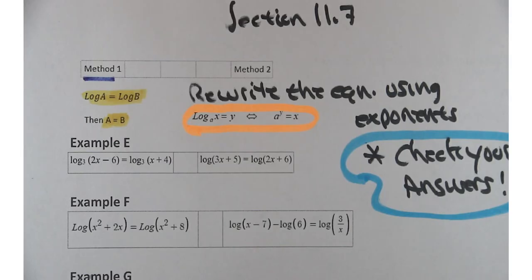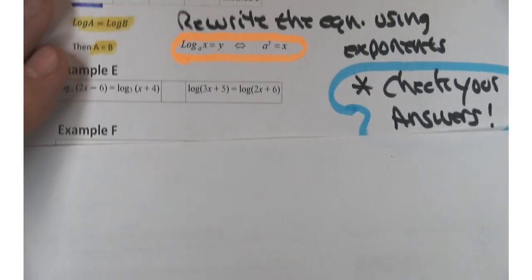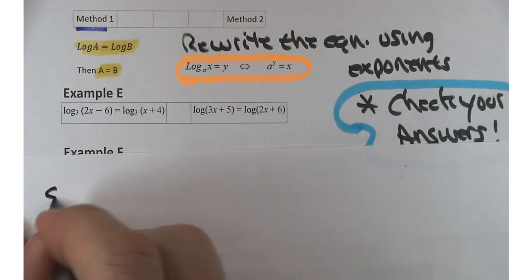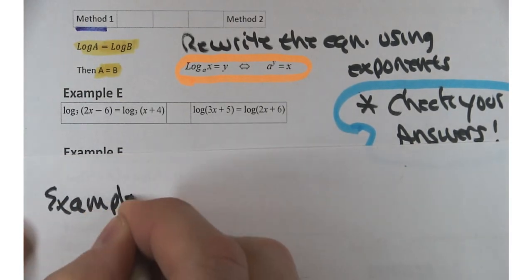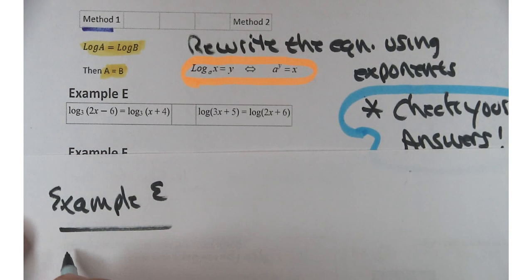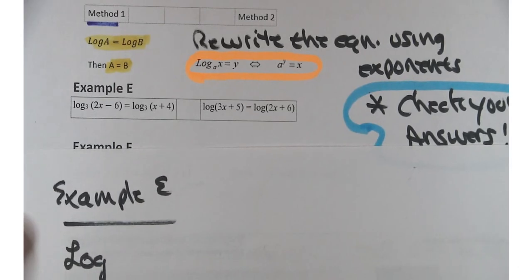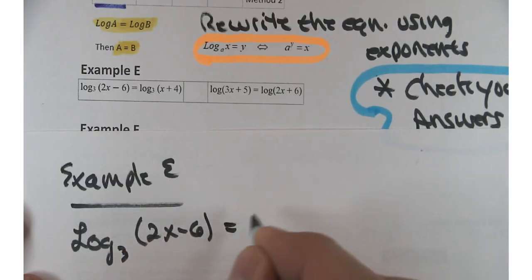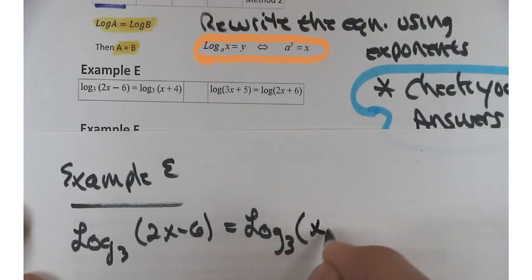So let's start out with example E here. Log base 3 of 2x minus 6 equals log base 3 of x plus 4.